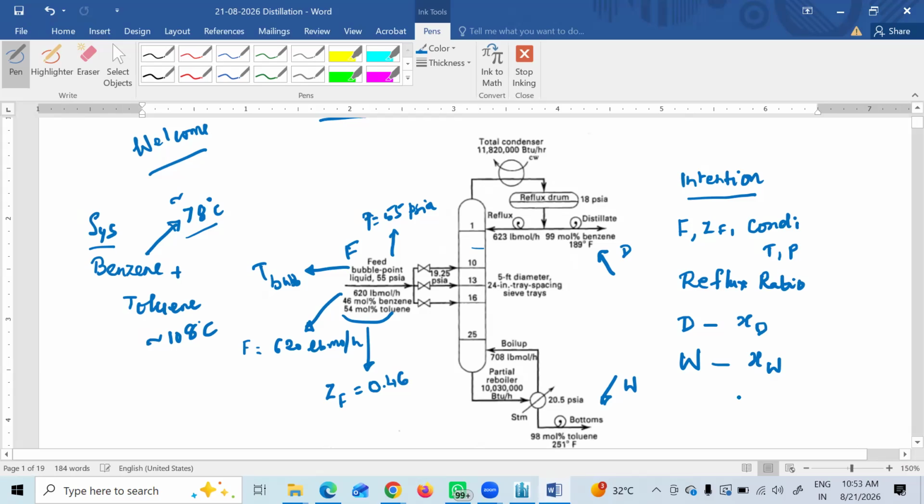I am referring to it as the more volatile component only, but in simulations you should be aware of the terms light key and heavy key. Light key would be the more volatile component, and heavy key would be the less volatile component. Why are they called key components? Because in the top product we want the heavy key component to be less than or equal to, say, 0.02 mole fraction. That means the light key component should be 98%.